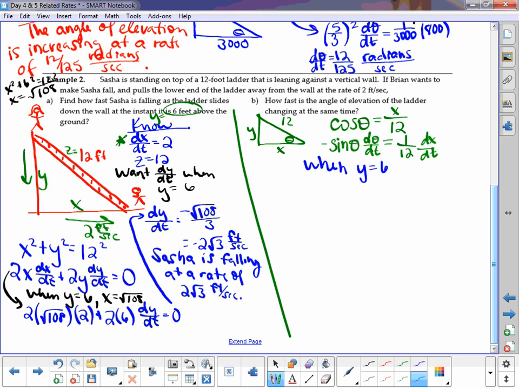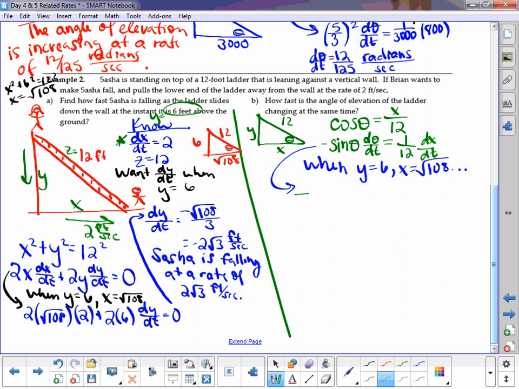Now let's go ahead and again we're looking at the same time, so when y equals 6 and we know that x was 1 away, right? And let's fill in what we know. Okay, so we have a negative sine of theta. I don't know theta, but can I find out what sine is in this particular situation? In our particular situation, x was root 108, and y was 6, and z was 12.